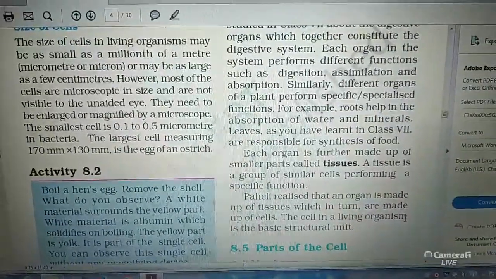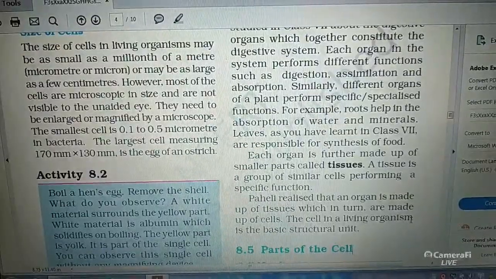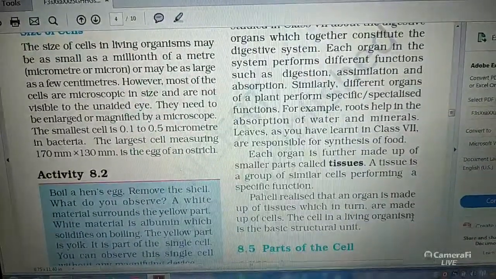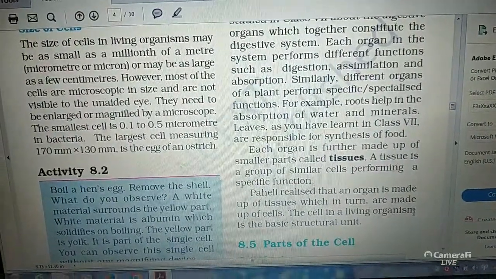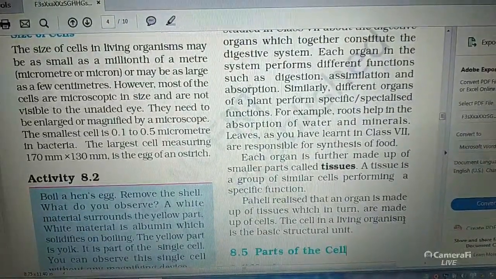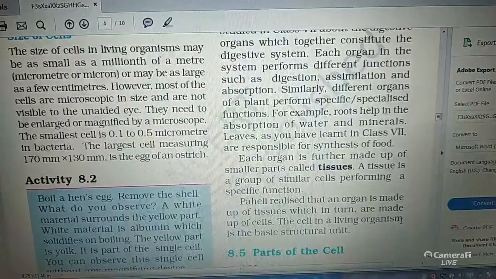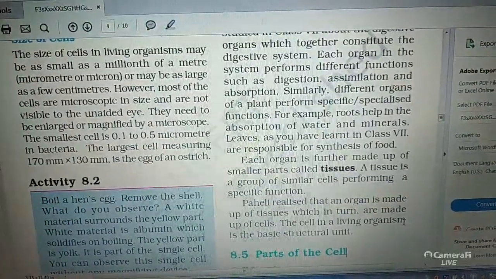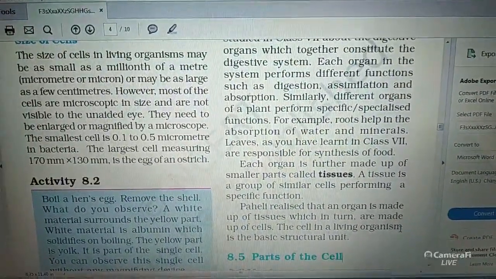So what do you mean by tissue? You have seen in the figure some bricks forming a structure. When cells are performing a definite function together, a similar group of cells, that is a tissue.